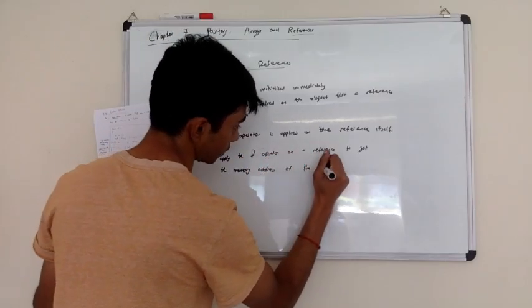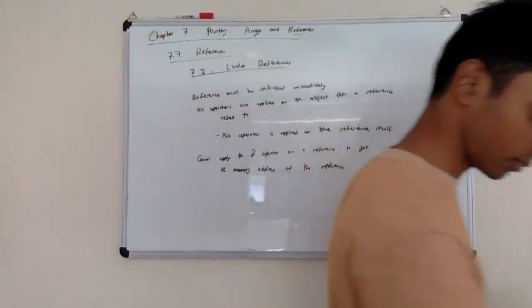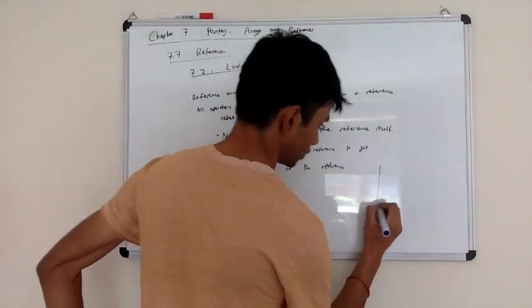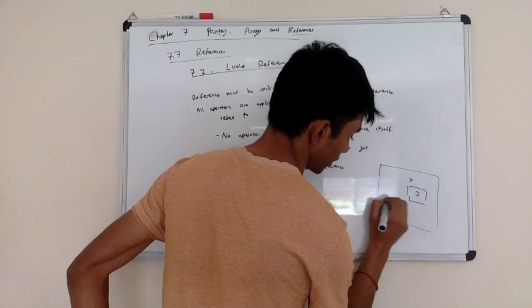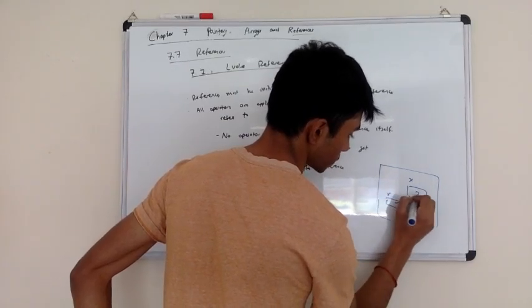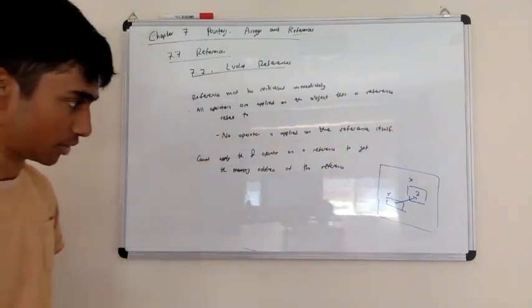of the reference. Because again, imagine I have this diagram. I've got my x integer, which stores the value 2. I've got my r reference, which is associated with the same integer as in that example just now.